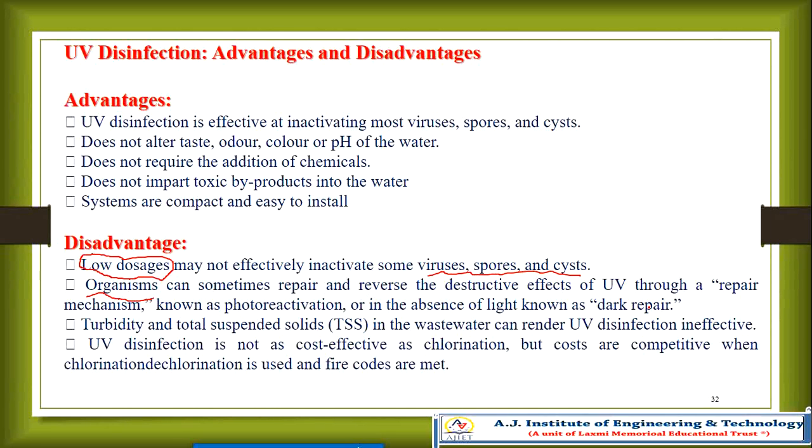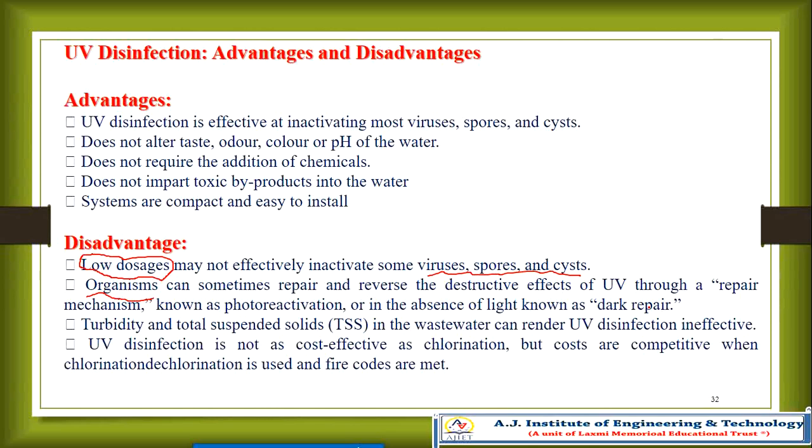It is one of the disadvantages we can say.